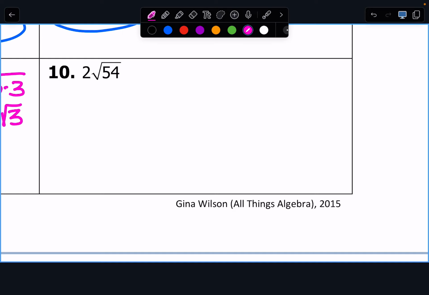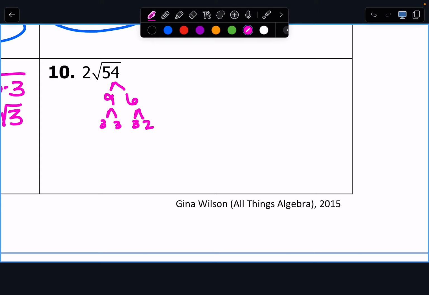So let's simplify the square root of 54. Thoughts? We know that this is 9 times 6. No? You don't agree? Didn't you multiply 2 and 54?